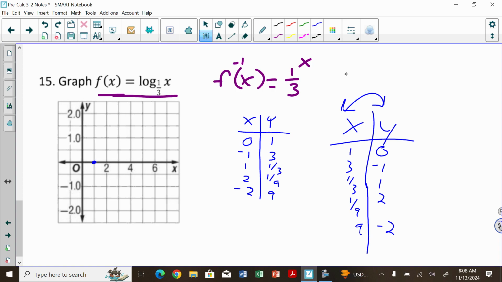It gets a little bit tricky to think about that because you're not really going in order. 1/3 and 1. 1/9 and 2, so it's even closer. And then 9 and -2. Now I don't even have a 9 on here, so it would be down here, 7, 8, 9. So my graph would look like this.